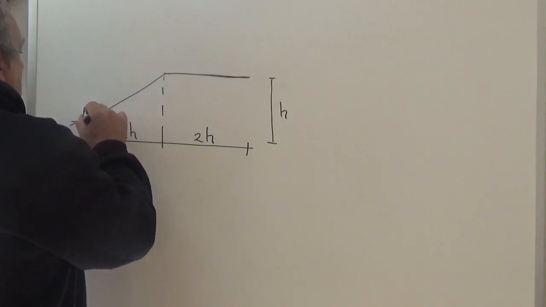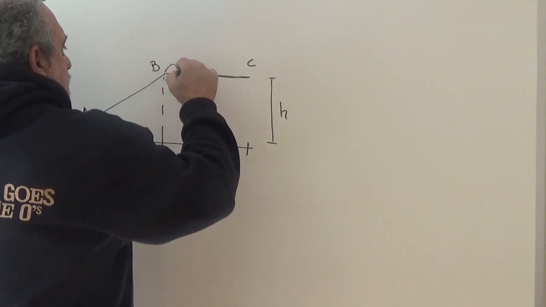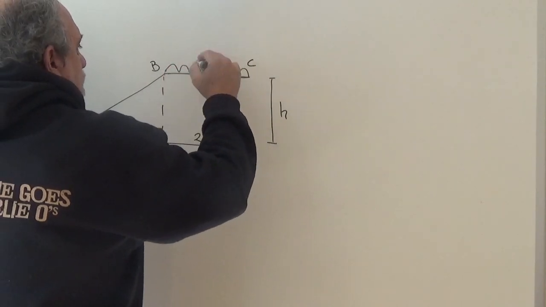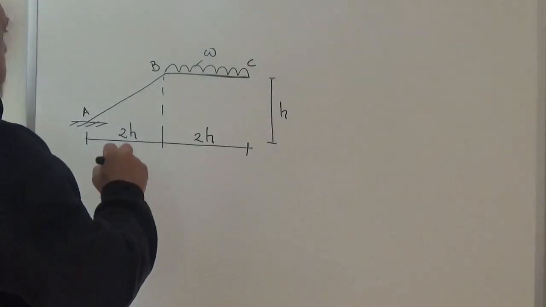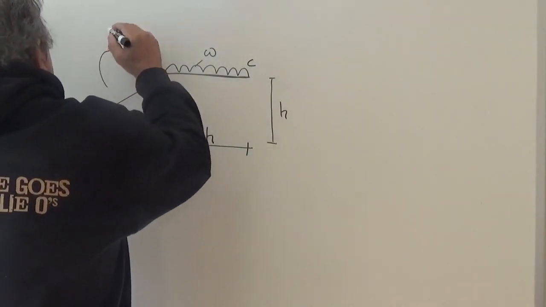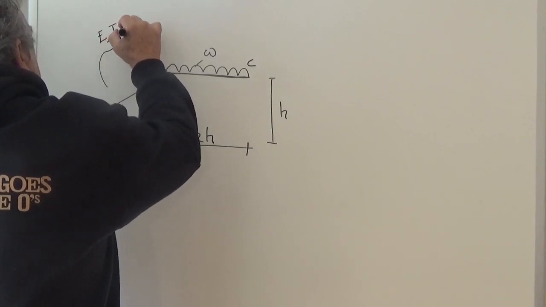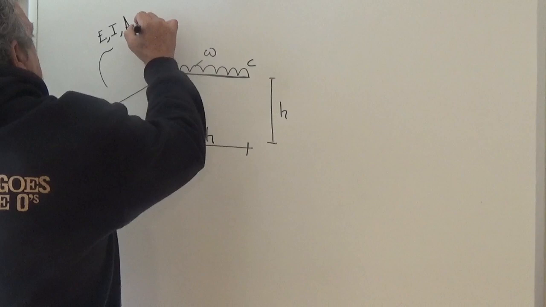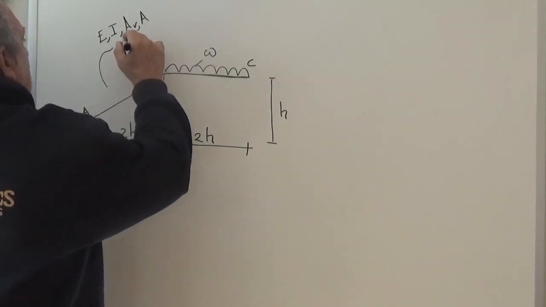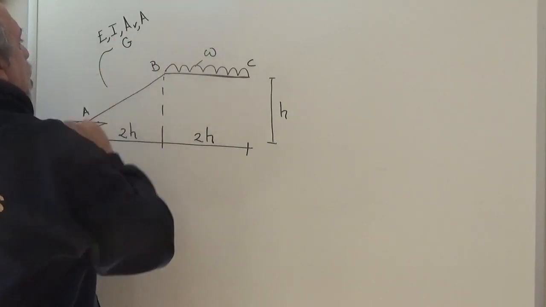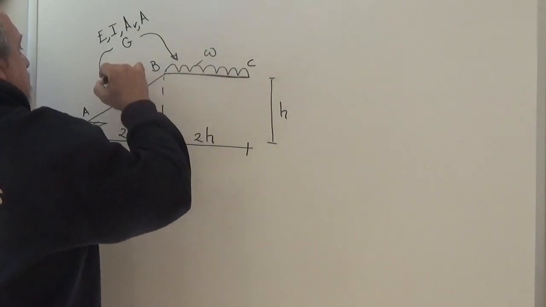These points are A, B, and C, and the loading is a uniform load W acting on bar BC. We say that our elements have E, I, AV for shear, A for area, and G for shear modulus, and that applies to both bars.